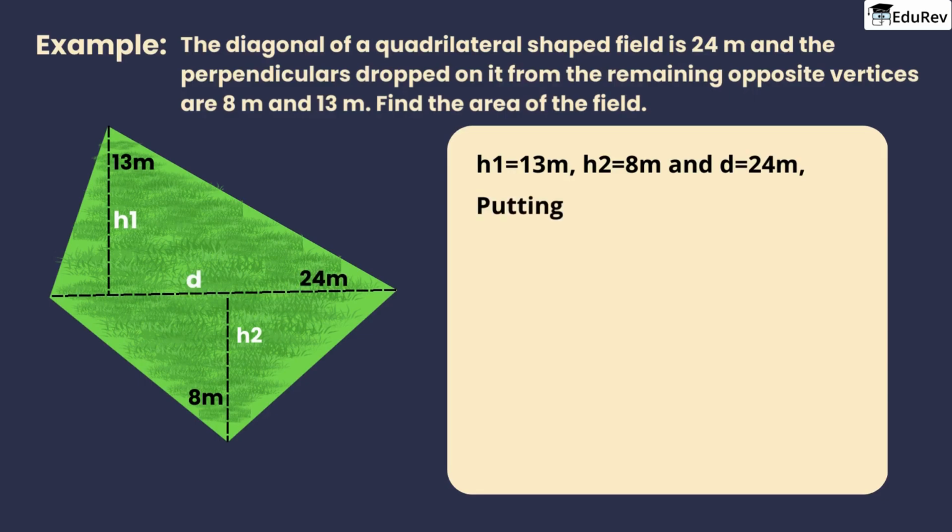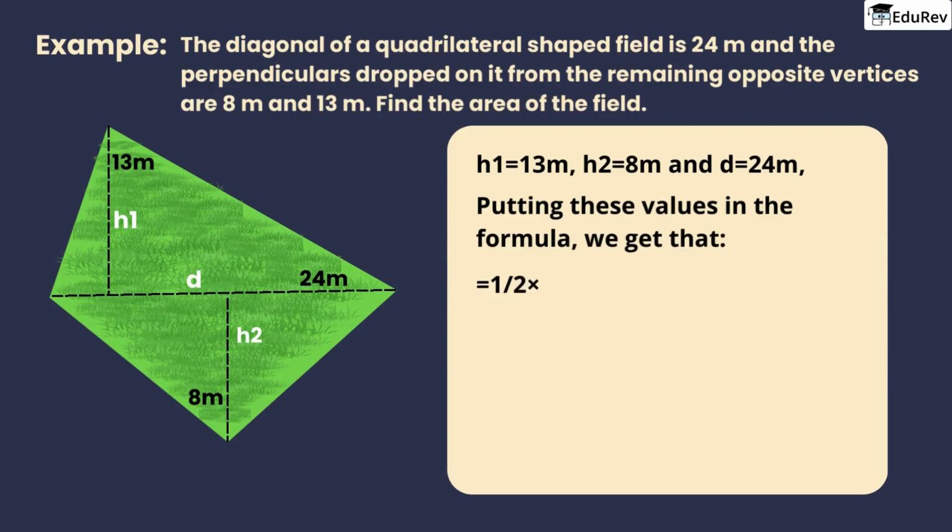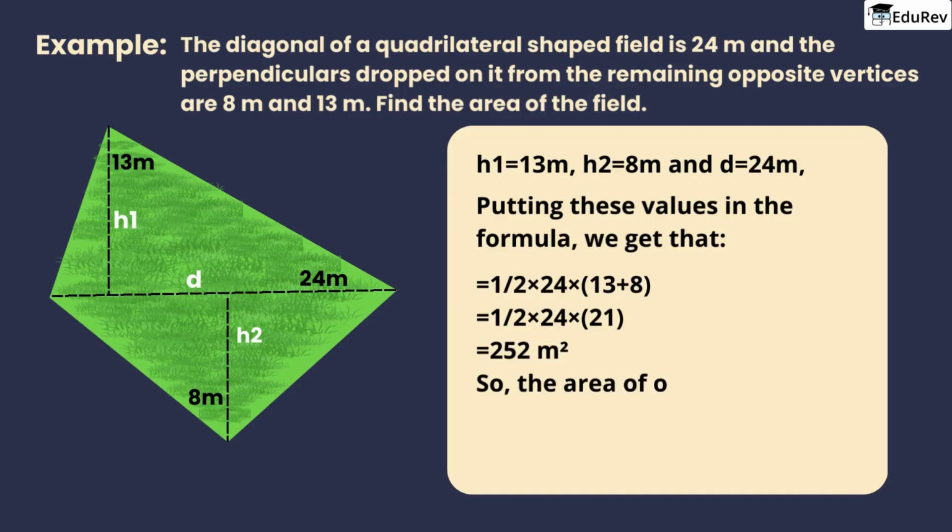Now putting these values in the formula that we derived previously, we get that the area of the quadrilateral is equal to half times 24 times (13 plus 8), which is equal to half times 24 times 21, which is equal to 252 meters squared. So, the area of our quadrilateral-shaped field is 252 meters squared.